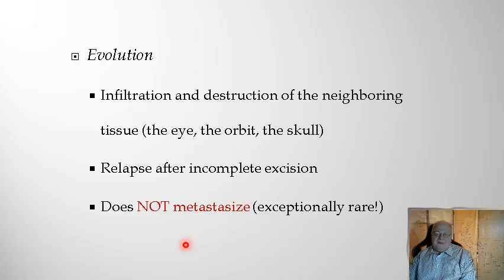If it's not removed entirely, it relapses. So the surgery needs to be extremely precise to have a chance for healing. And they don't generate metastasis. In practice, this means that the surgeon needs to remove the tumor entirely, but it's not necessary to remove the local lymph nodes.